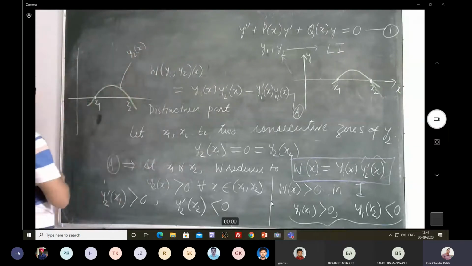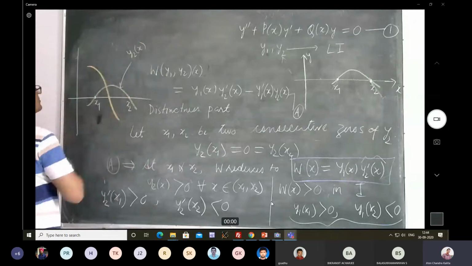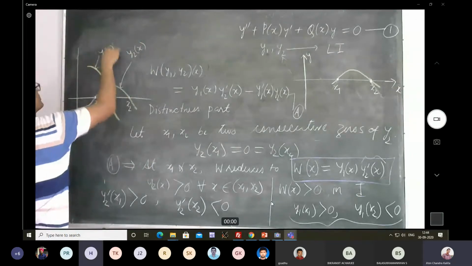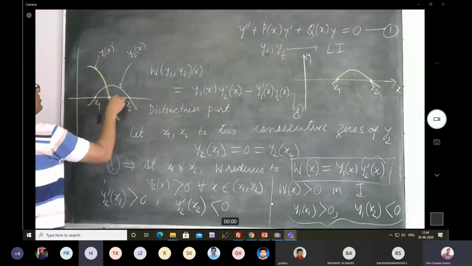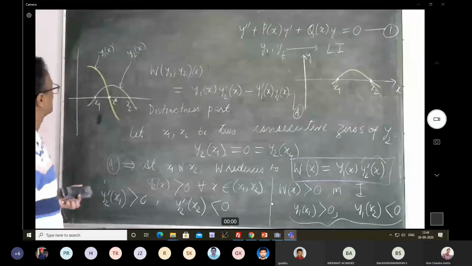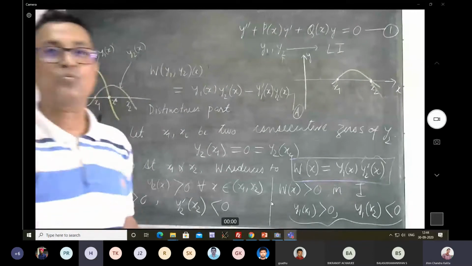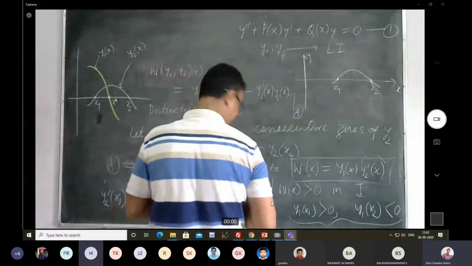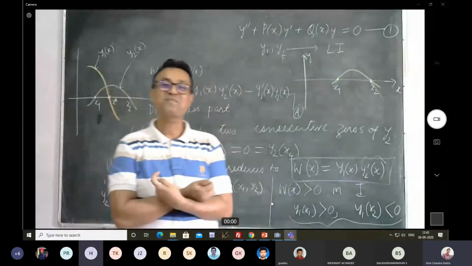I will have some situation like this. It is going to vanish at some point x star in the interval x1 and x2. Fine? Am I done?